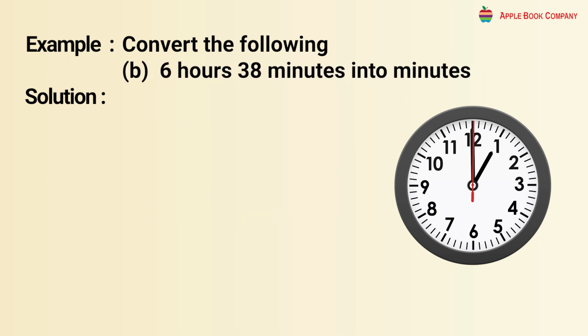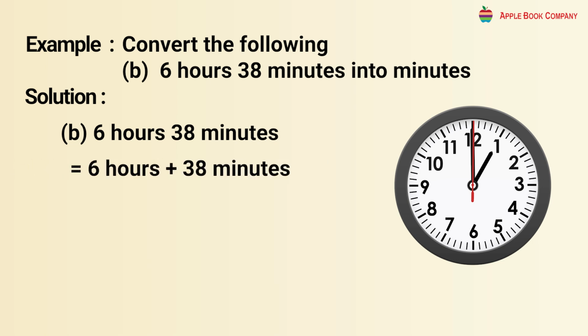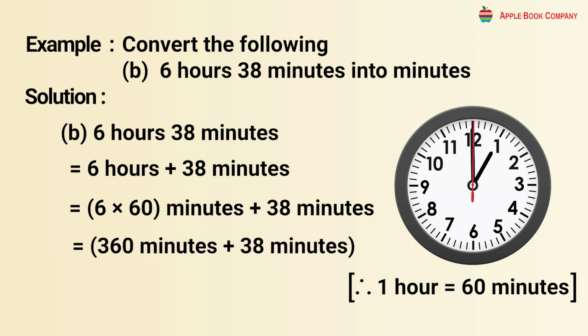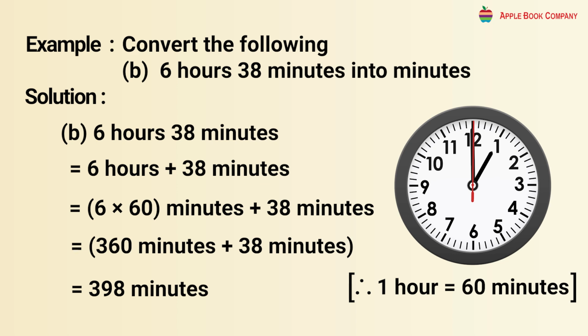B) 6 hours 38 minutes into minutes. 6 hours 38 minutes equals 6 hours plus 38 minutes equals 6 into 60 minutes plus 38 minutes, since 1 hour equals 60 minutes, equals 360 minutes plus 38 minutes equals 398 minutes.